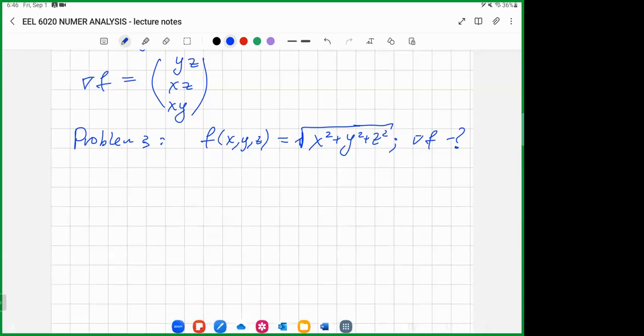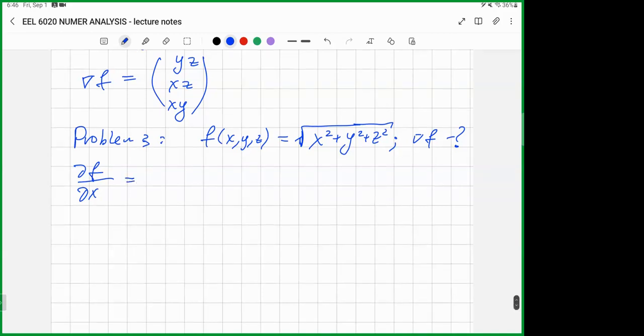So in order to obtain the gradient of this field, we need to get the derivative by x, by y, by z. This x and y and z, they are symmetrically arranged in this formula. So when I get the derivative by x, I can write formulas for derivatives by y and by z automatically.